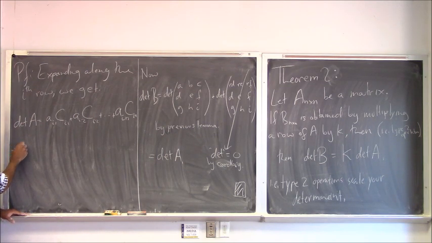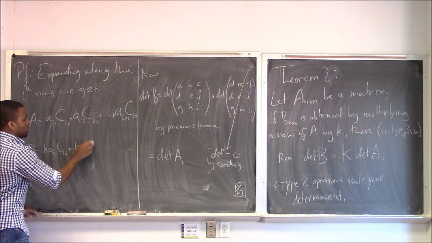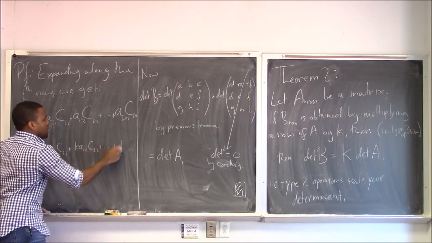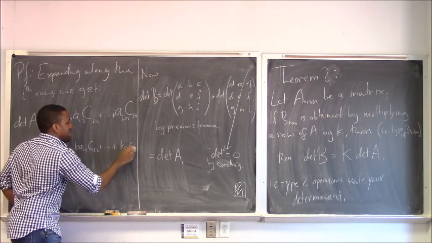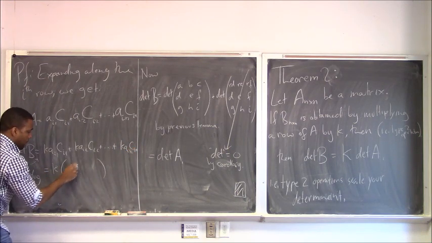This means the determinant of B, also expanding along the ith row, will now have a factor of k on all the terms, right? Because my a terms are all multiplied by k when I multiply the row through. That's going to be equal to k a_i1 C_i1 plus k a_i2 C_i2 plus k a_in C_in, which is just k times the determinant of A.